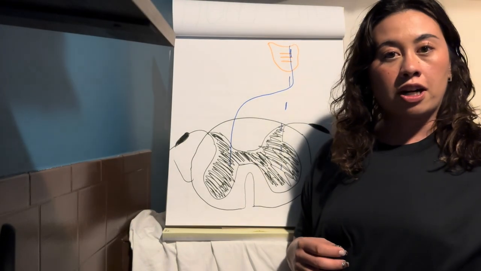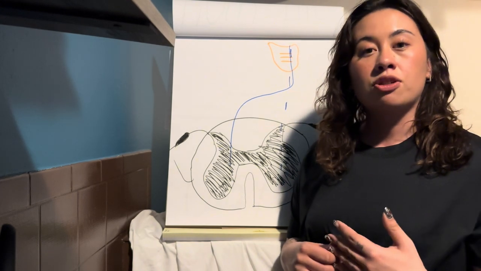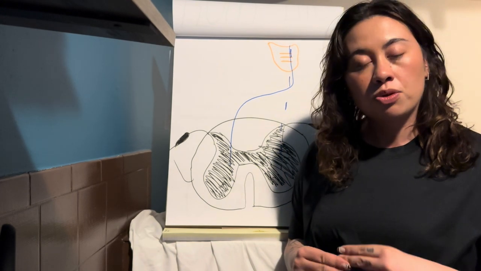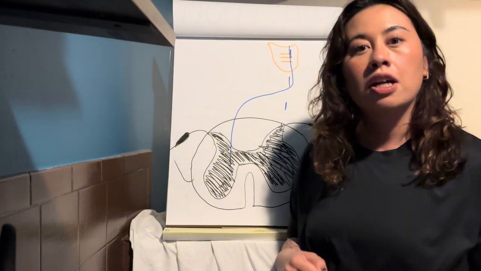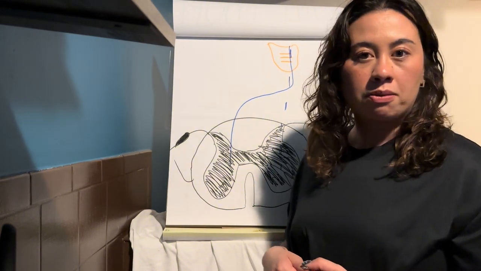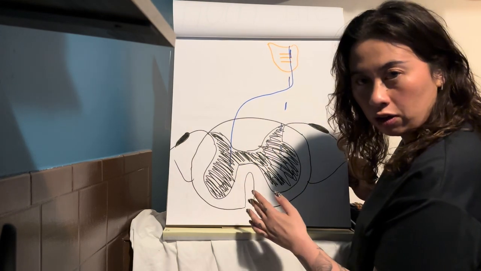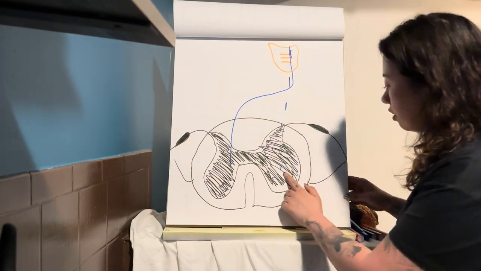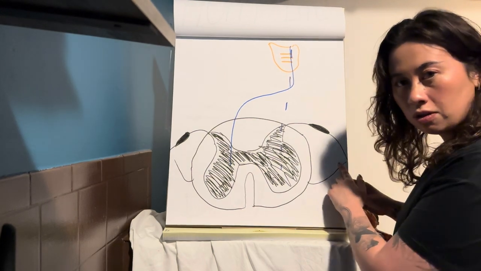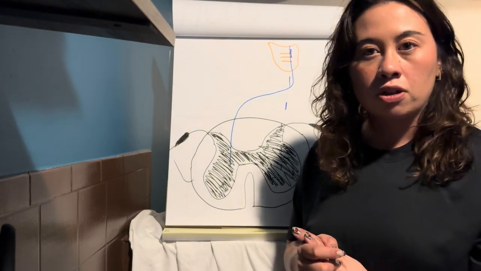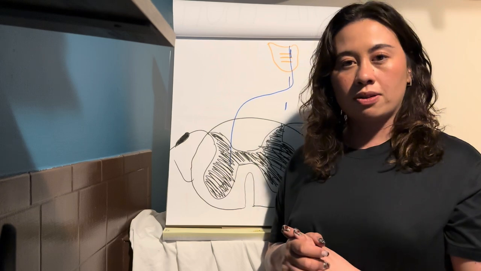Upper motor neurons terminate in the spinal cord where they synapse with the lower motor neurons. The lower motor neuron pathway begins in the anterior horn of the spinal cord. It exits out through the ventral roots and travels via peripheral nerves to specific skeletal muscles.